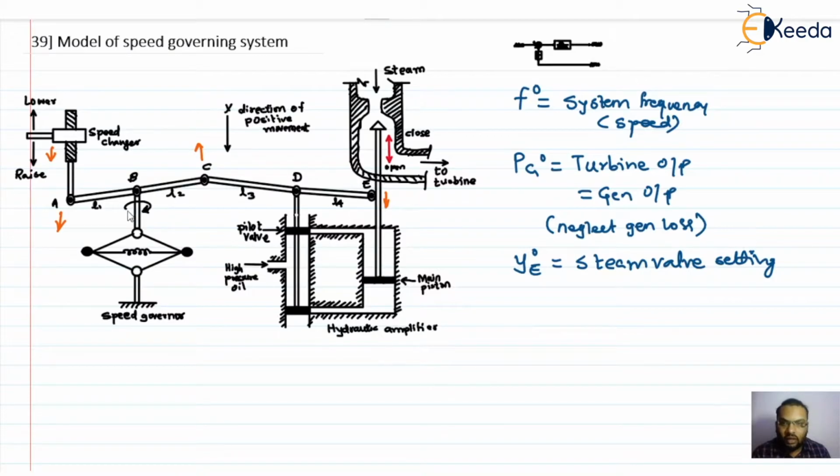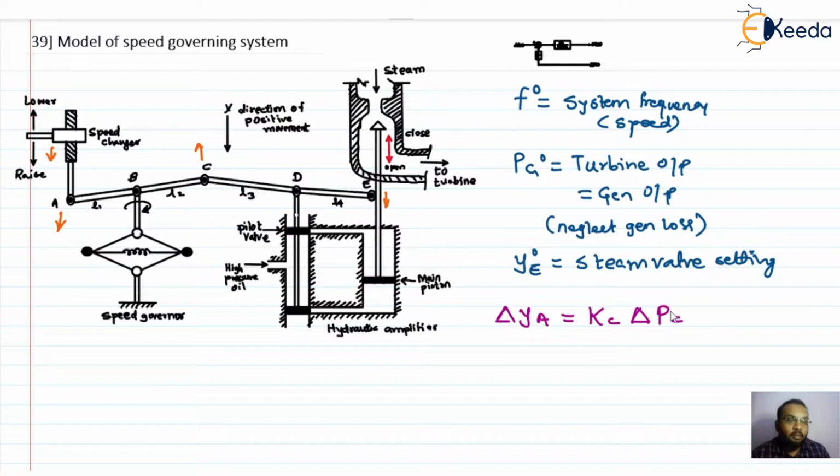So how can we write this? This change in position of A results in a corresponding change in output power. We put some proportionality constant here, and it is delta PC, the change in power output.